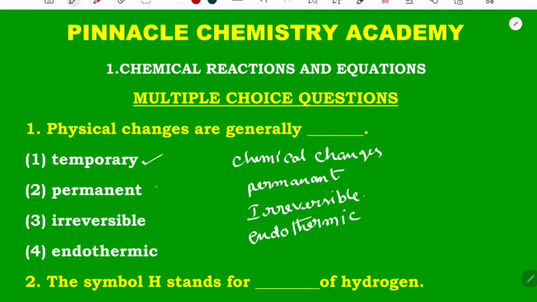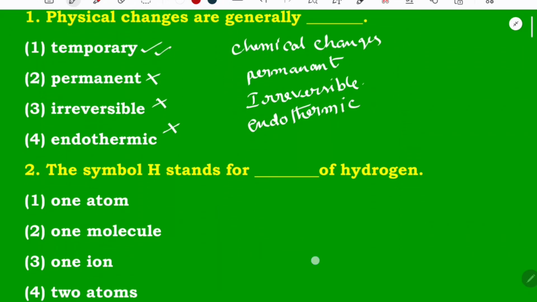So these three are chemical changes, but the question is about physical changes, so these three are wrong. The correct answer is temporary. Okay, next question.